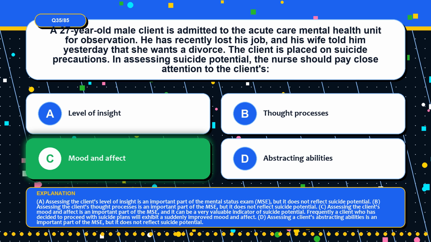C. Assessing the client's mood and affect is an important part of the MSE, and it can be a very valuable indicator of suicide potential. Frequently, a client who has decided to proceed with suicide plans will exhibit a suddenly improved mood and affect. Assessing a client's abstracting abilities is an important part of the MSE, but it does not reflect suicide potential.